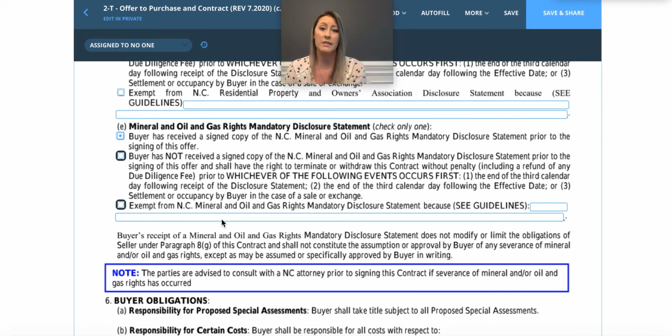So I want to see this with everything. I want to see it with vacant land. I want to see it with a new build. I want to see it with residential. I want to see it with commercial property. But obviously, as the buyer's agent, it's not always up to you what the listing agent has done or what paperwork they have their client fill out. So I don't know if I've ever really checked that box.